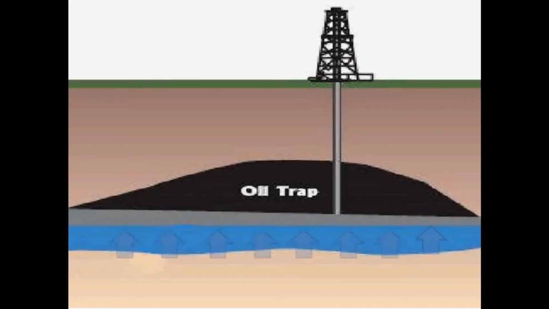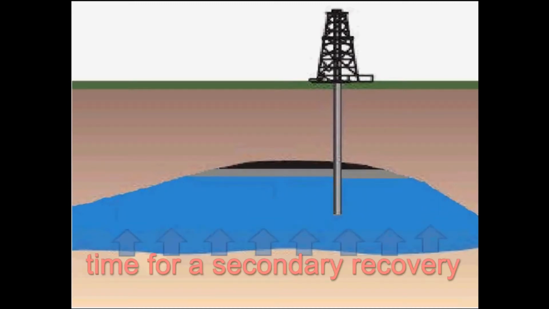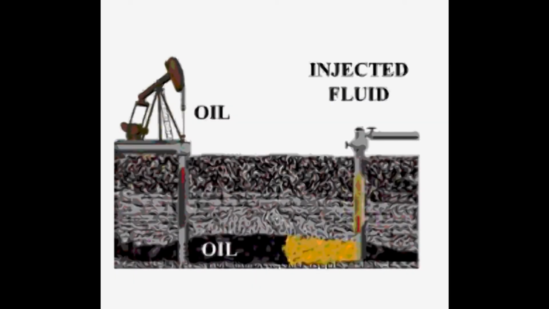As you can see, in both oil and gas reservoirs, production in its initial stages utilizes the energy naturally found in the reservoir. When this energy is depleted, secondary recovery efforts are initiated. There are several.